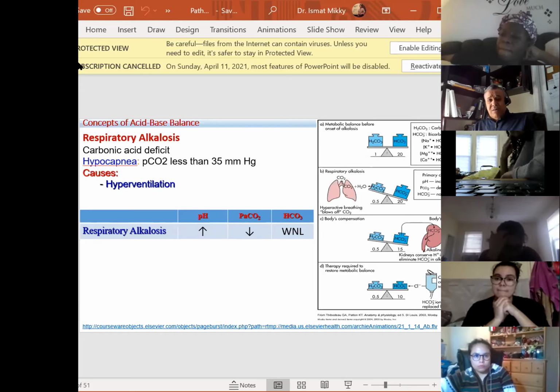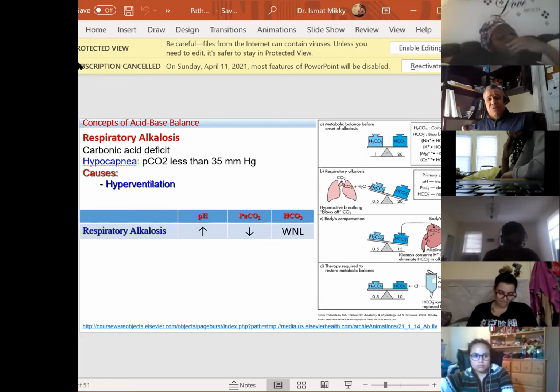So you're giving a chloride containing solution because it's going to be replaced by that bicarb. The patient is going to lose the bicarb and excrete it in the urine, and the chloride will enter the plasma instead of the bicarb. So the patient will lose more of the bicarb. To treat a patient with alkalosis, you give them chloride containing solution, because the chloride will replace the bicarb ion.